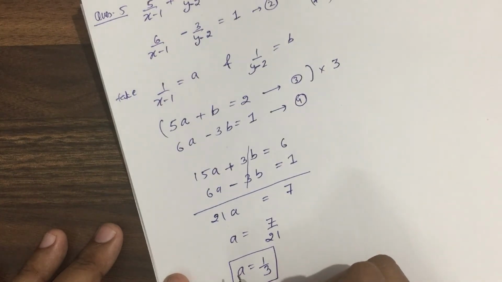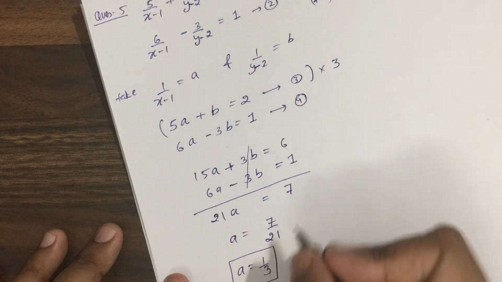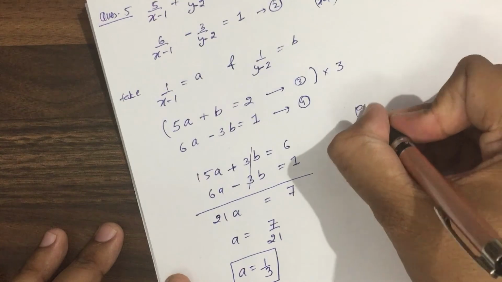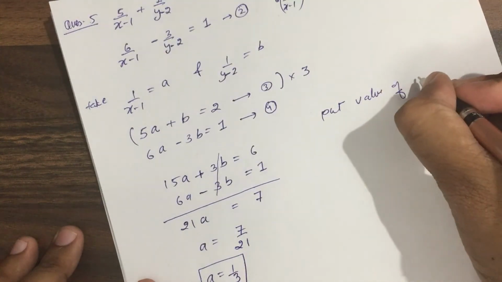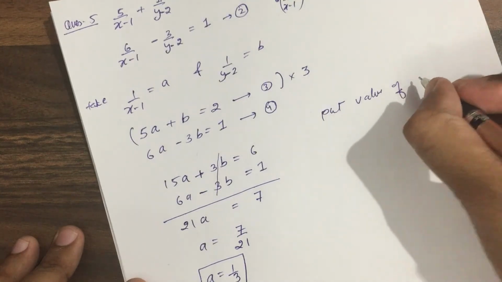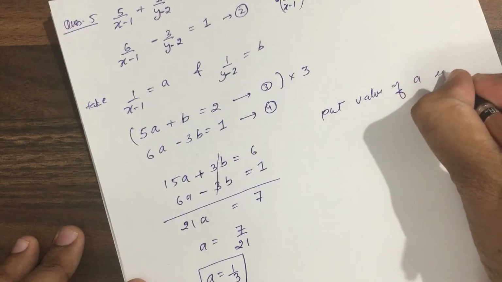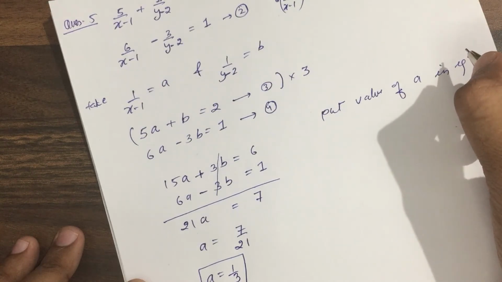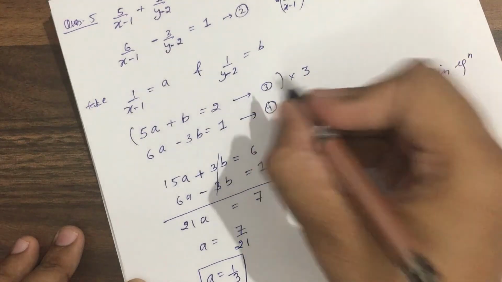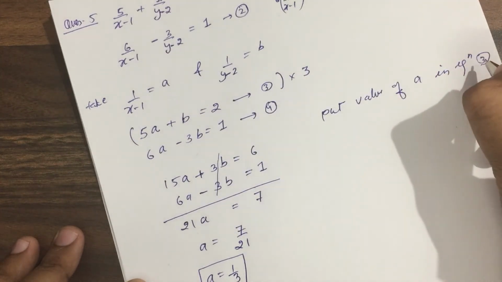Now we need to find the value of b. So to find the value of b, put the value of a in an equation. Which equation? Suppose equation 3. Okay, equation 3.